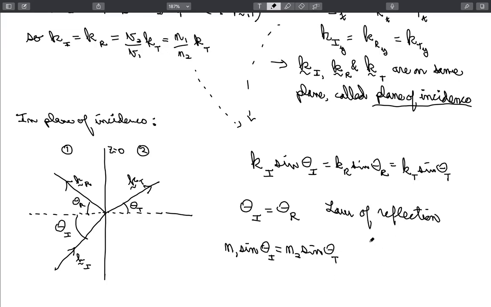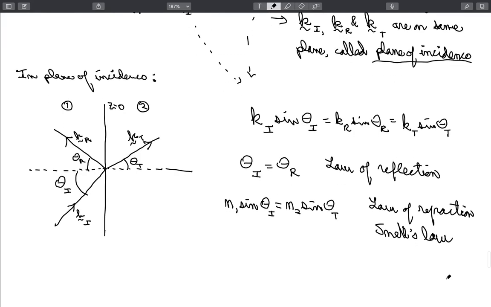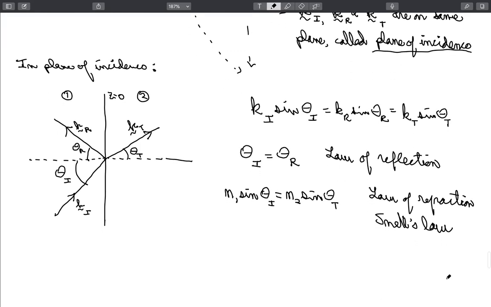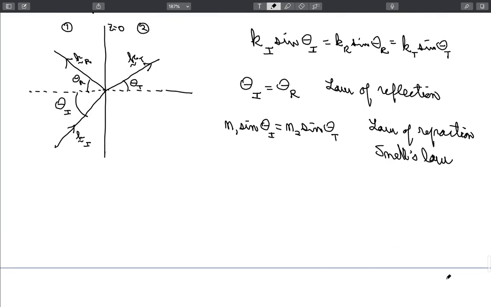And this is the law of refraction, which you might also know as Snell's law. But it's kind of nice because we have derived those laws now from Maxwell's equations. But let's go a little bit further so we get all the details sorted out correctly.